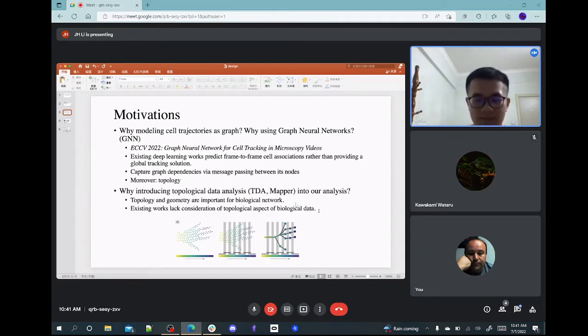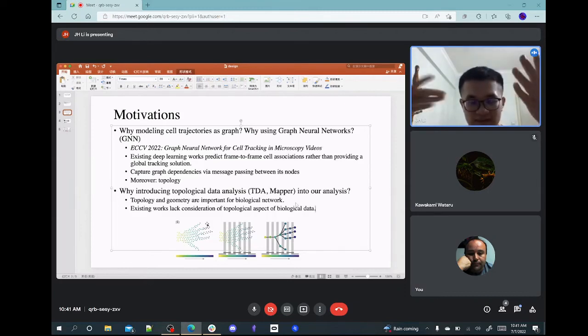But why we use Mapper is that we know that a shallow GNN with a small number of layers is always the best structure of this kind of GNN. A 2 or 3 layer GNN is better than a 5 or 6 layer GNN, and some research works have shown that.